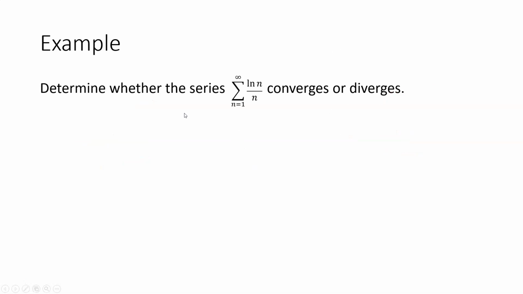What about the series ln of n over n? How would I show that this one is convergent or divergent? Notice that this is not a p-series, so I can't use the p-series test. But something convenient is that I can easily integrate ln of x over x. Since this has an easy integral to evaluate, we can use the integral test.